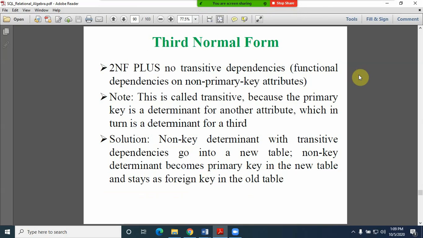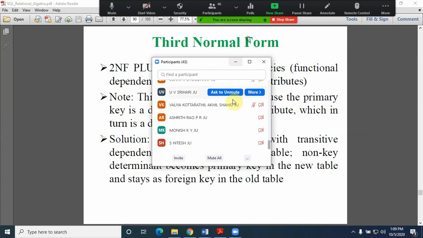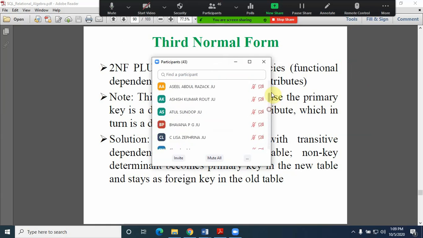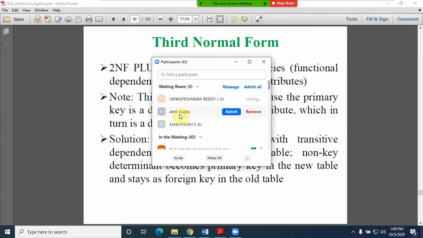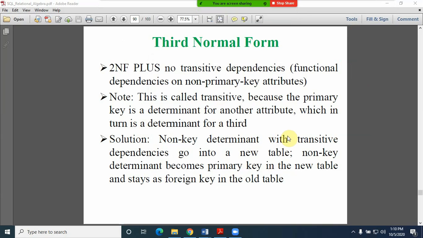And coming to the third normal form, friends, what exactly is this? As per our analogy, to get any table into the third normal form, it should first be in the second normal form, that is, 2NF plus no transitive dependencies.